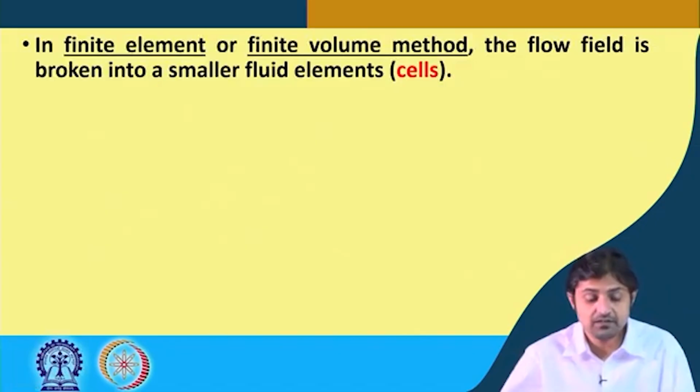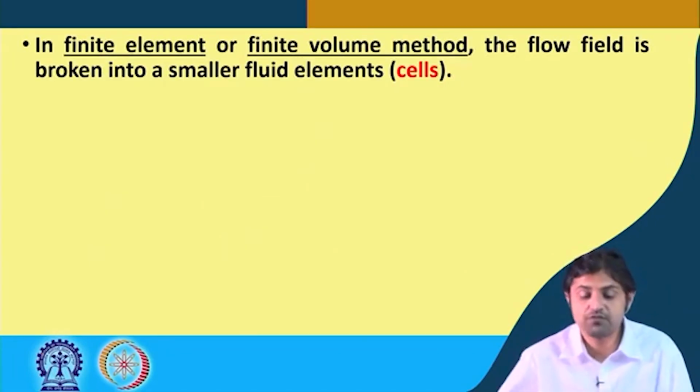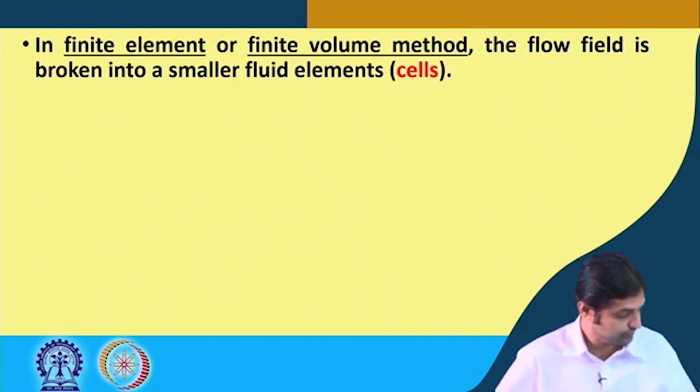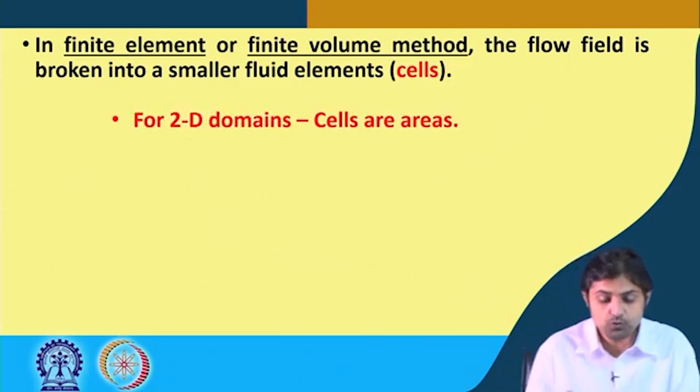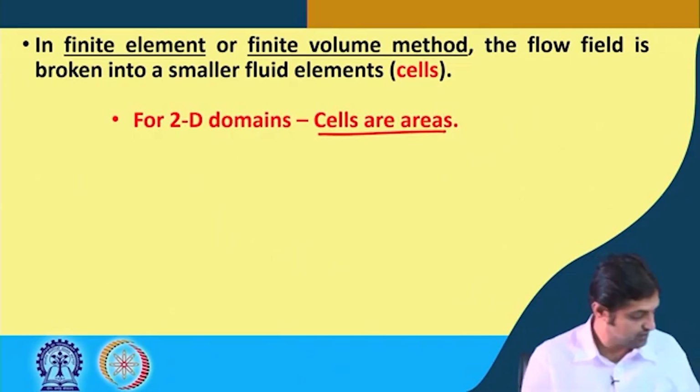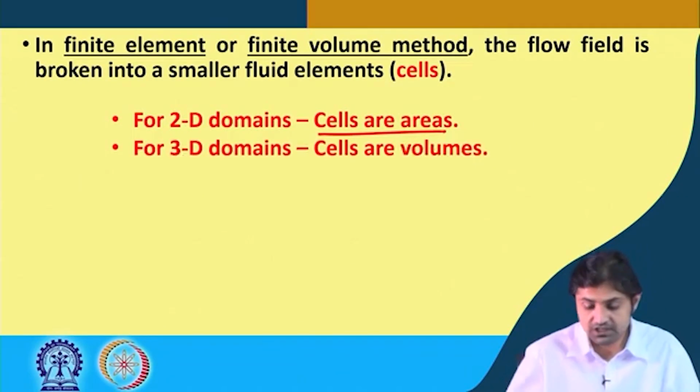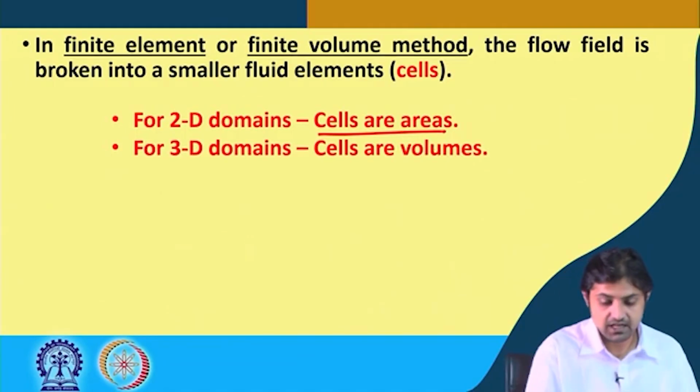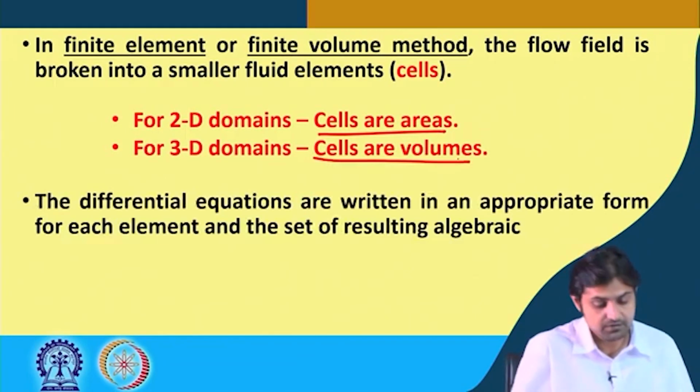So, in finite element or finite volume method, the flow field is broken into smaller fluid elements called cells. So, for 2D domains, cells are areas, and for 3D domains, these cells are volumes.